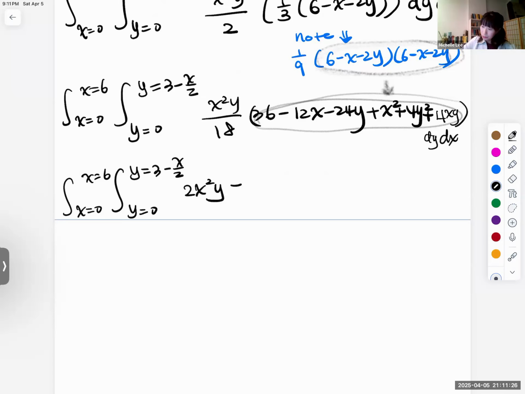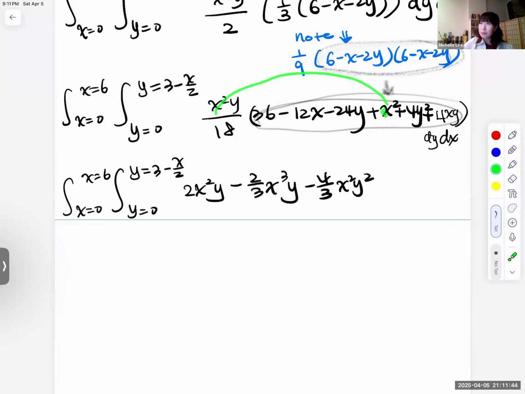Second term, we distribute 2/3 x to the third power y, minus 4 over 3 x squared y squared for the third term, and fourth term we have x to the fourth power y over 18, right?